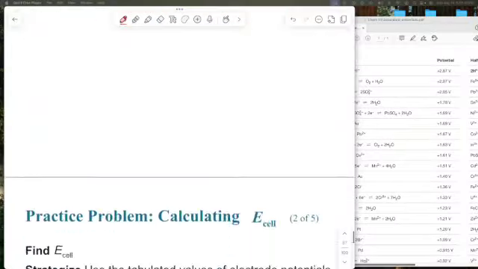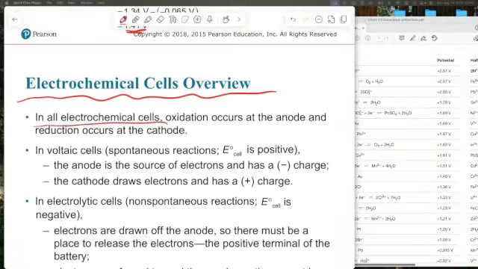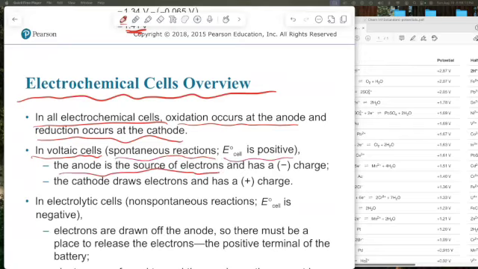We're told in all electrochemical cells, oxidation occurs at the anode and reduction occurs at the cathode. In voltaic cells, remember we said we have spontaneous reactions where E of the cell is positive. The anode is the source of electrons, the electron producing site, and has a charge that's negative. The cathode draws the electrons and has a charge that's positive.